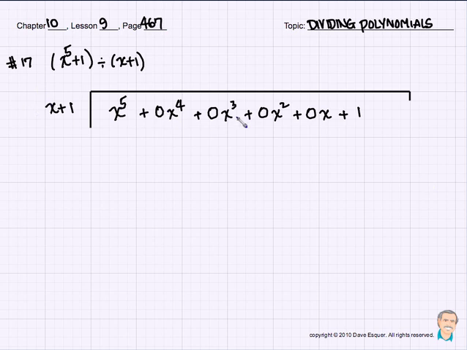There's our synthetic division. We're faking the polynomial out by filling in things that have 0 terms in there. We got a fifth, a fourth, a third, a second, and a first for our exponents.